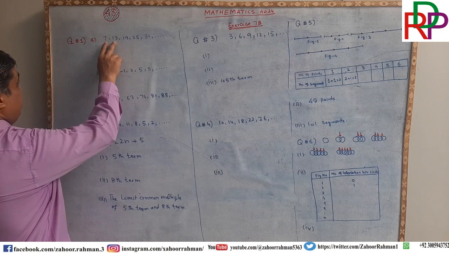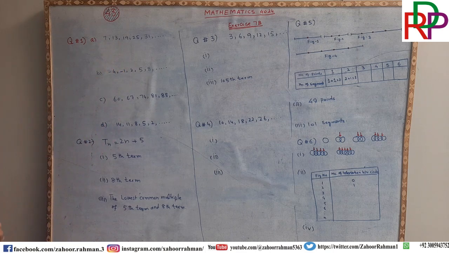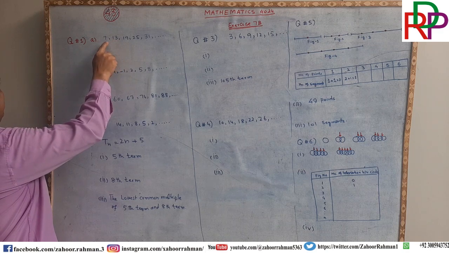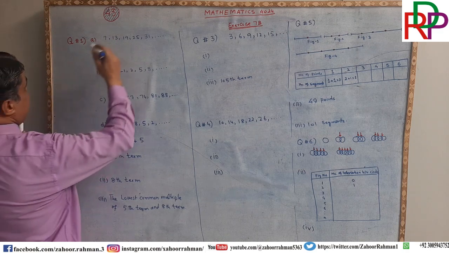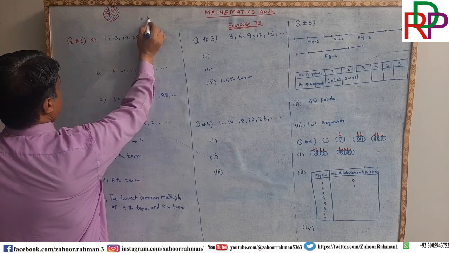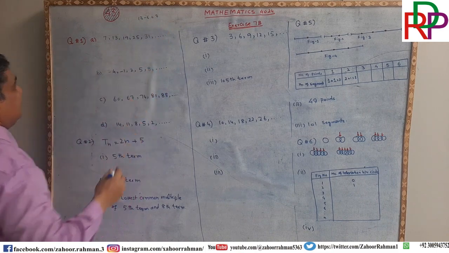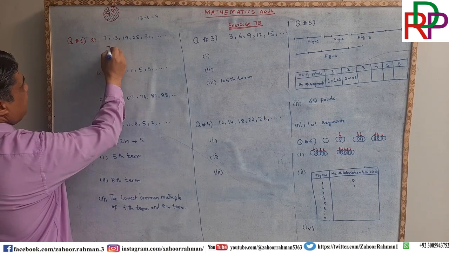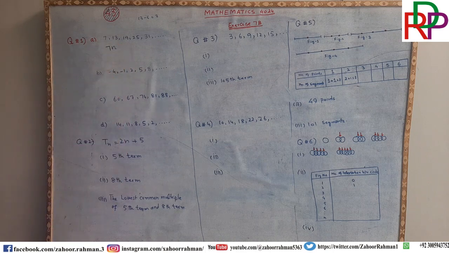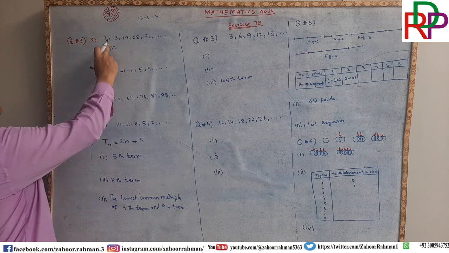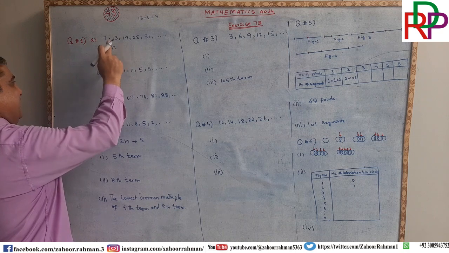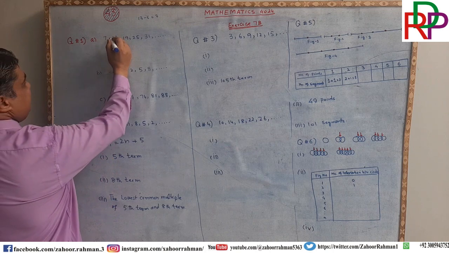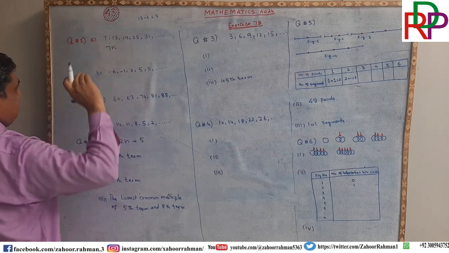First of all, you have to find the common difference between these two numbers. What is the common difference? From 13, if we subtract 6, then we will get 7. So it means that you have to write 7n. First, find the common difference between the two and then write it with n. No consideration to the sign whether it is positive or negative.